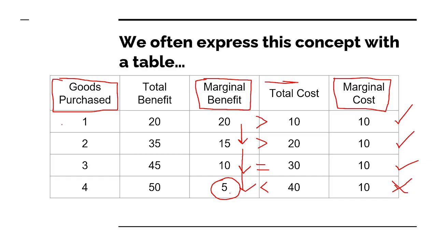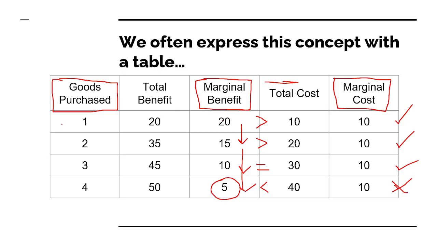Another thing with this table, and we won't always see this. Sometimes we'll see it and sometimes we won't. We see this column here, total benefit, and we see total cost as well. The total benefit is just adding up the marginal benefits. So the total benefit here on this first one is 20 because we've only had 1 slice of pizza, so 20, right?